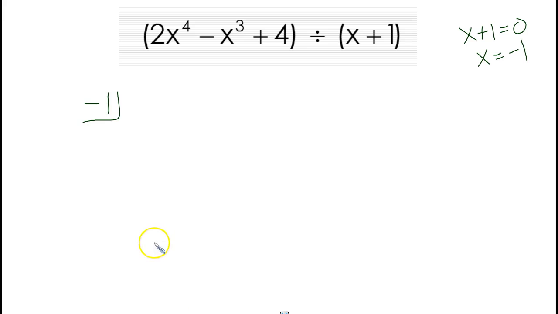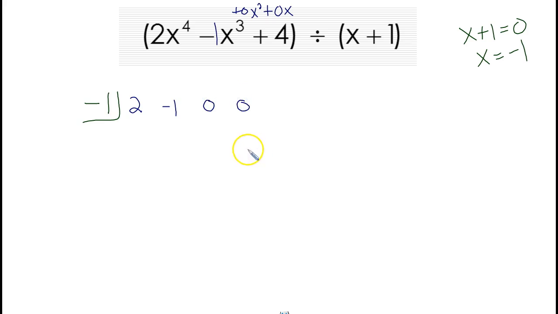I'm then going to put my coefficients inside, starting with 2. Coefficients are numbers in front of variables. 2x to the 4th minus 1x to the 3rd, so it's going to be a -1. I'm missing the x squared, and I'm missing the x term. Since they're both missing, remember we have to have placeholders in for their place.